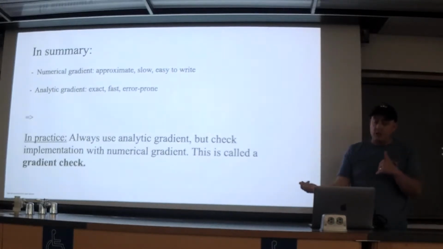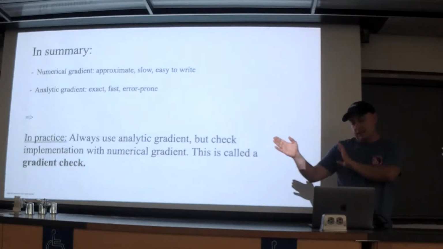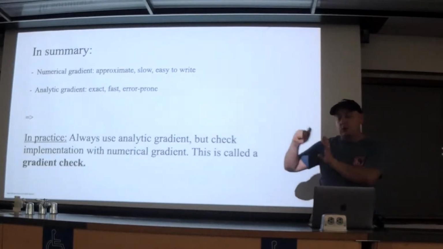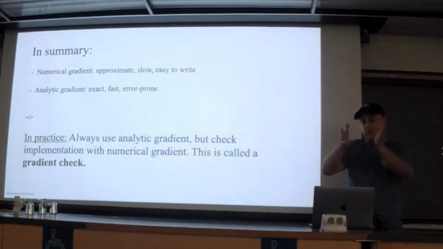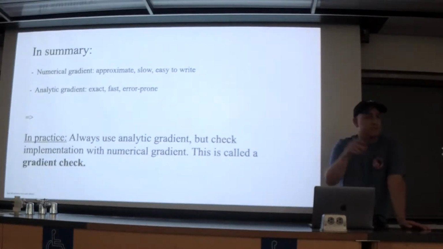But you can also check whether that gradient is correct by doing this very simple thing: making a small change to your parameters, calculating the difference, dividing by that change, and having a numerical approximation to that. You'll see in the homework that there's a bunch of this. We will check your analytical expressions with these numerical ones, and it's not a bad way to check yourself as you're doing this.